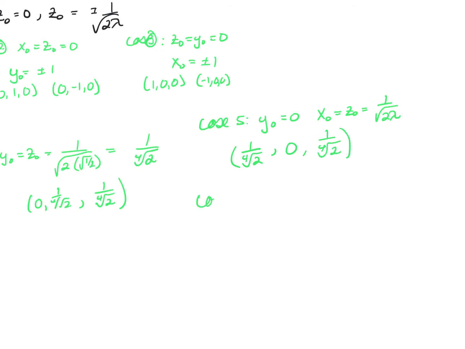Case number 6, this is where I'm going to have z naught is equal to 0, and y naught is equal to x naught, which is equal to 1 over the square root of 2 lambda, which gives me this ordered triplet, which is 1 over the 4th root of 2, and then 1 over the 4th root of 2, and then, of course, 0.